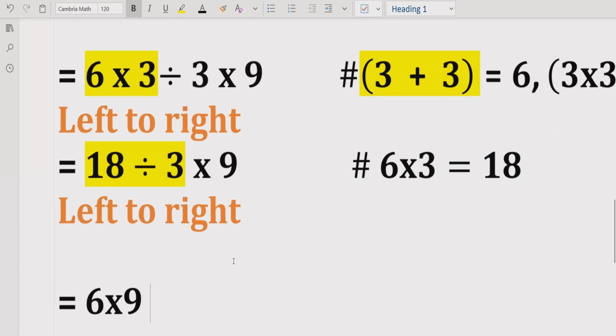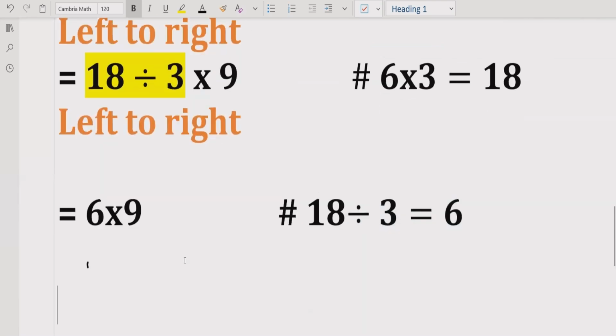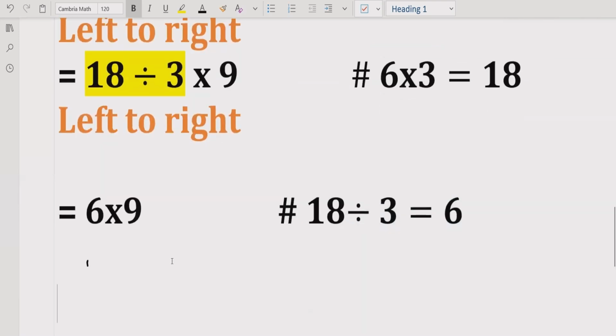Here we give the reference: 18 divided by 3 equals 6. And now in the end, the remaining part of this question is 6 multiplied by 9.